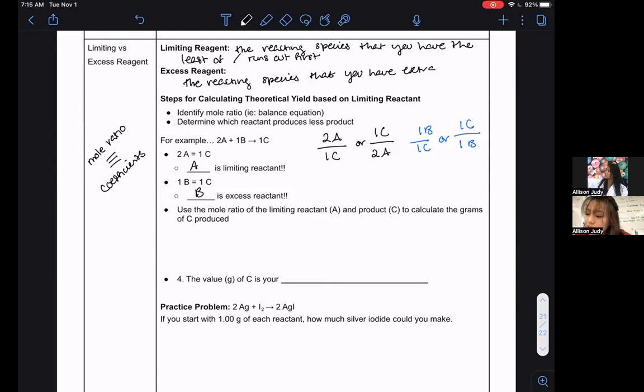So we use the limiting reactant to calculate how many sandwiches, or whatever, usually in grams, because remember, in chemistry we want to be able to sell the product that we make, and we don't sell the product in moles, we sell it in grams, right?